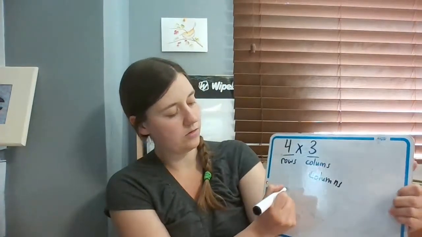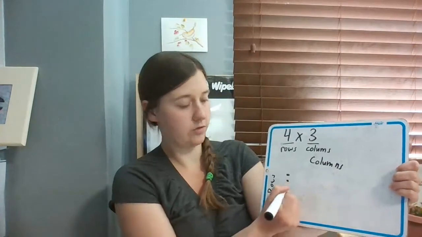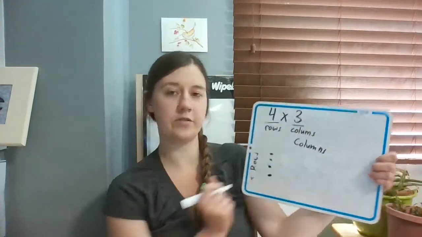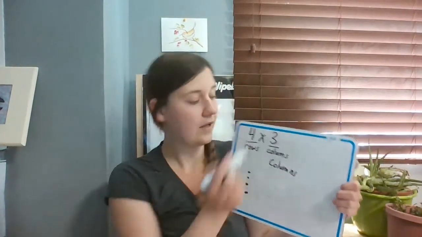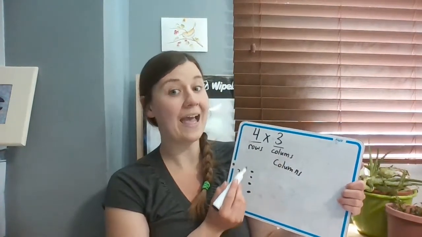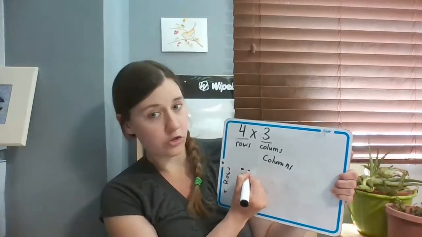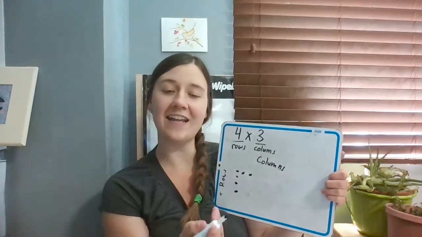So I need 1 row, 2 rows, 3 rows, and 4 rows. Now, how many columns do I need? 3. I already have one of them done. 1 column, 2 columns, 3 columns. And then I just fill it in.